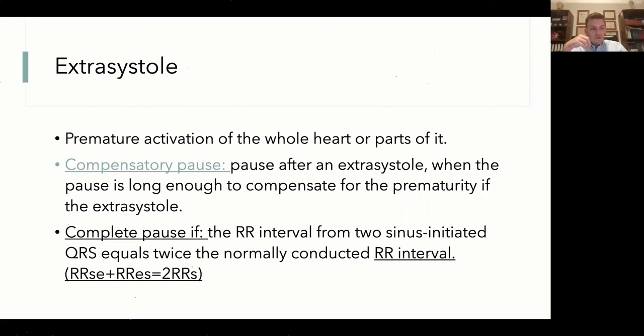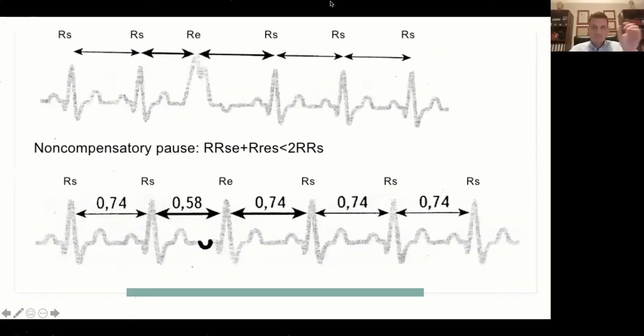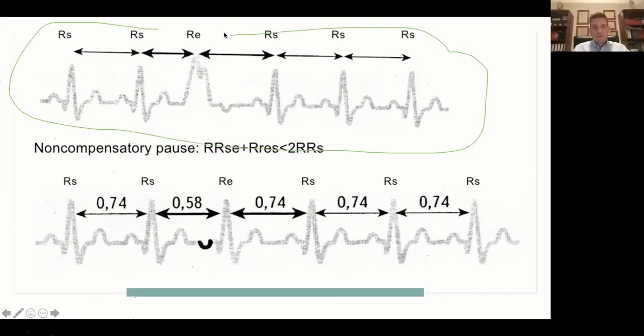A compensatory pause will occur when there's a pause after an extrasystole, and the pause is long enough to compensate for the prematurity of the extrasystole. And this probably means nothing to you because you cannot see it. Yet here we are, okay? Now, I need you guys to stay with me here. This strip right here has a complete compensatory pause.